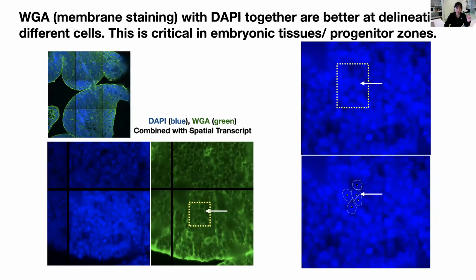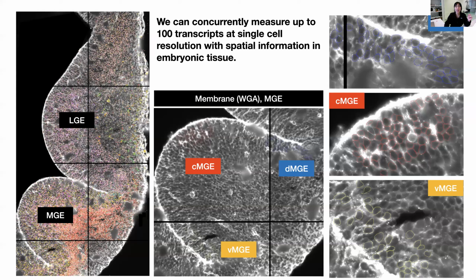We also developed a method for us to segment cells in the progenitor zone, which are highly packed with each other, with a membrane marker staining. And so right now, we can accurately detect where the cells are, as well as up to 100 transcripts with this method.